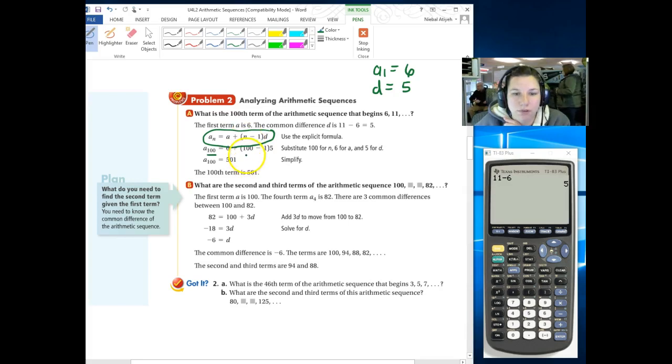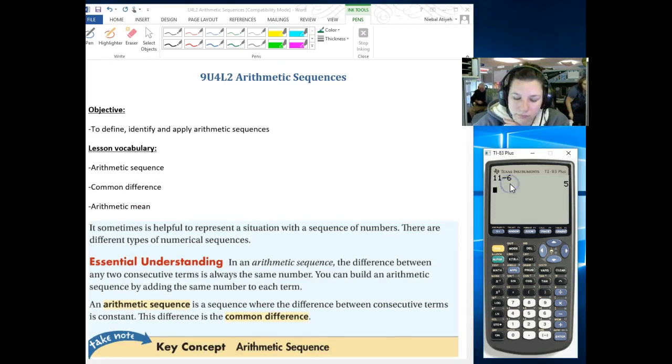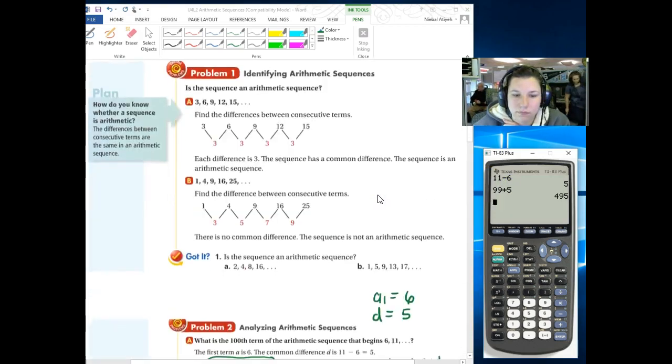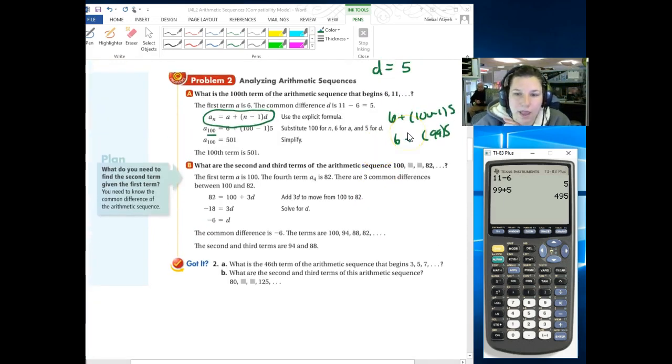The term you're looking for is the 100th one, and your common difference is 5. So they're doing, okay, remember following order of operations, you do what is in parentheses first. Then we handle the multiplication. And then we add the 6.